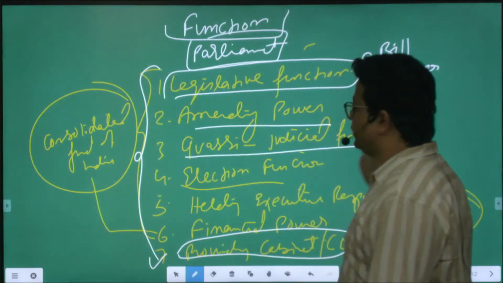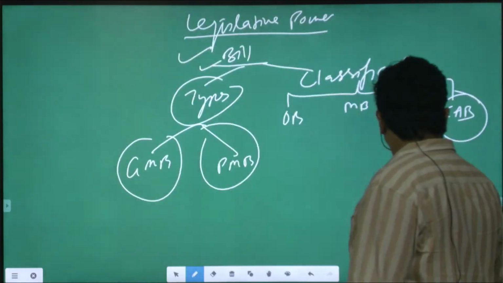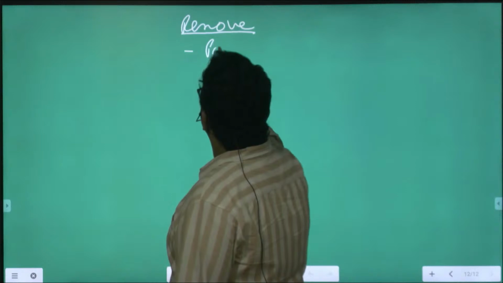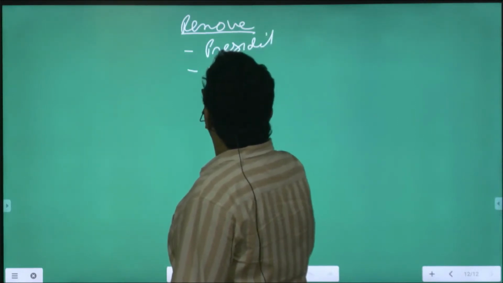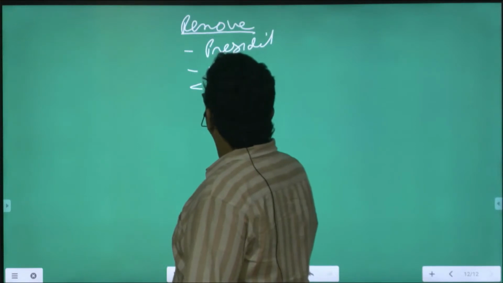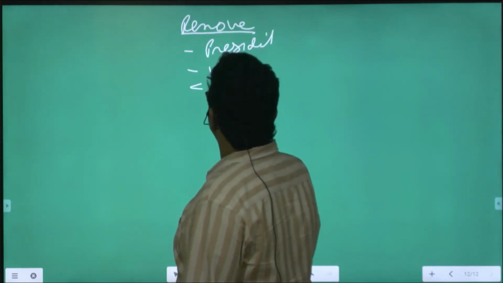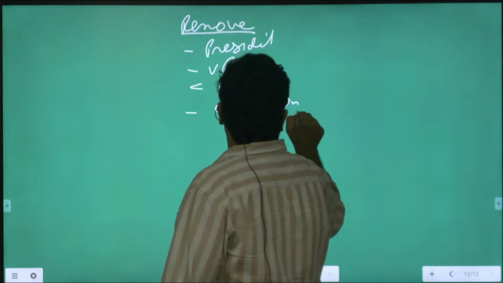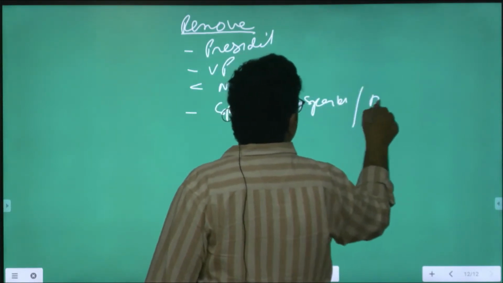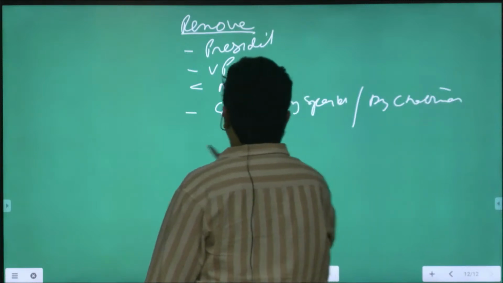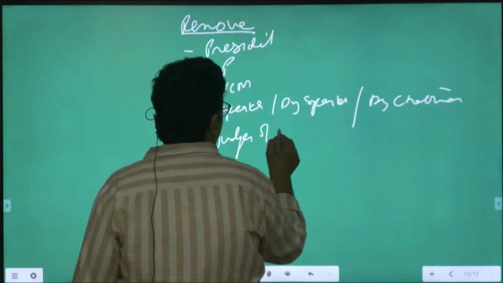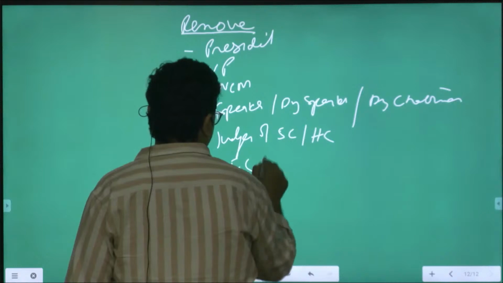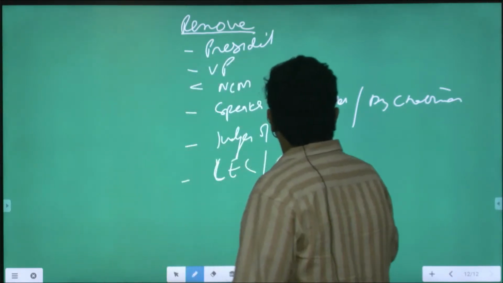Next, quasi-judicial functions. As I said, Parliament also has the power of impeachment of the President, removal of the Vice President, passing a no confidence motion against the government, removal of the Speaker, Deputy Speaker of the Lok Sabha, Deputy Chairman of the Rajya Sabha, removal of judges of the Supreme Court or High Court, and removal of the Chief Election Commissioner, CAG, State Election Commissioner.